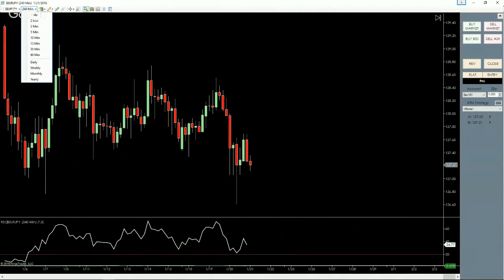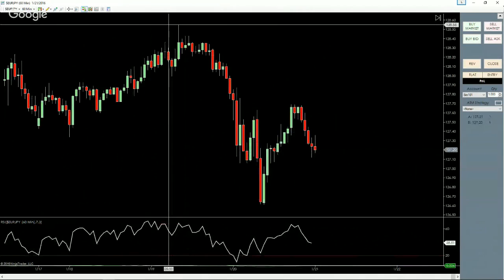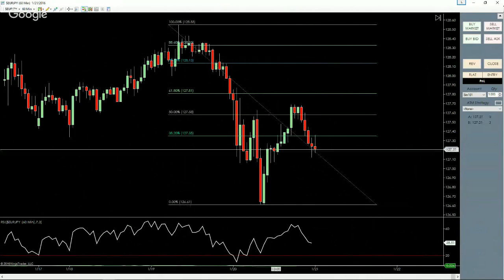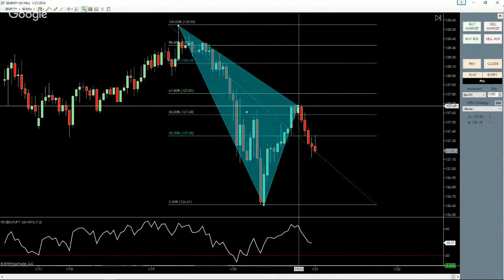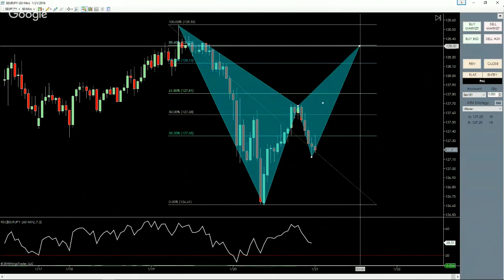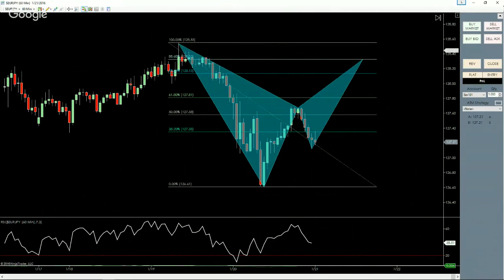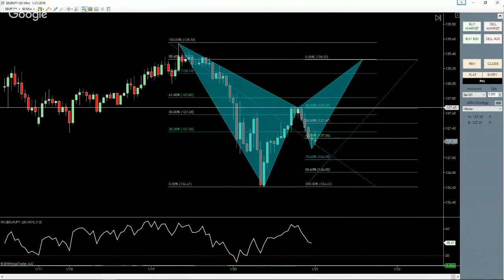It's probably better seen in 60 minutes, so let's go down. A bat pattern right there. Stops above X and targets the 382 and the 618. And it is about 66 pips to first targets.